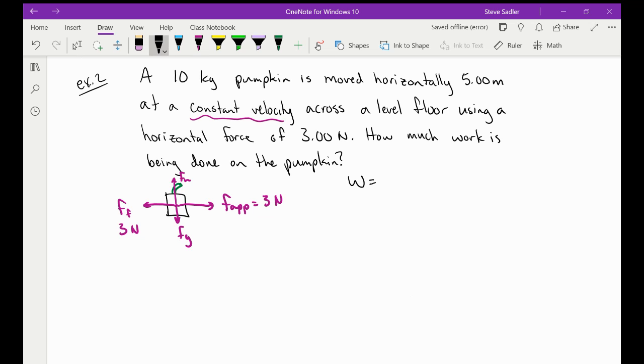So our work is equal to force times displacement. In this case, if we're looking at work done on the pumpkin, or the work that we're doing on the pumpkin, we will use our applied force. So 3 multiplied by 5, and that work is going to be 15 joules.